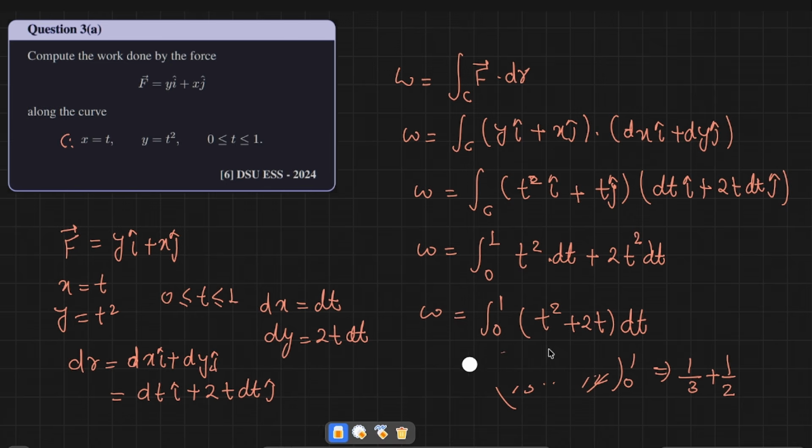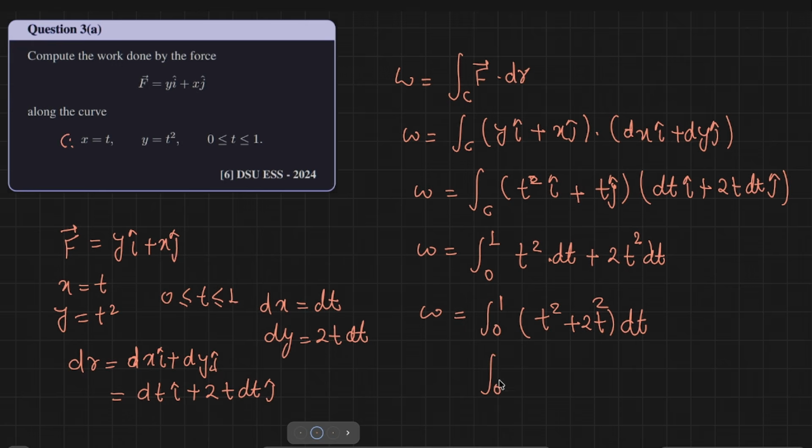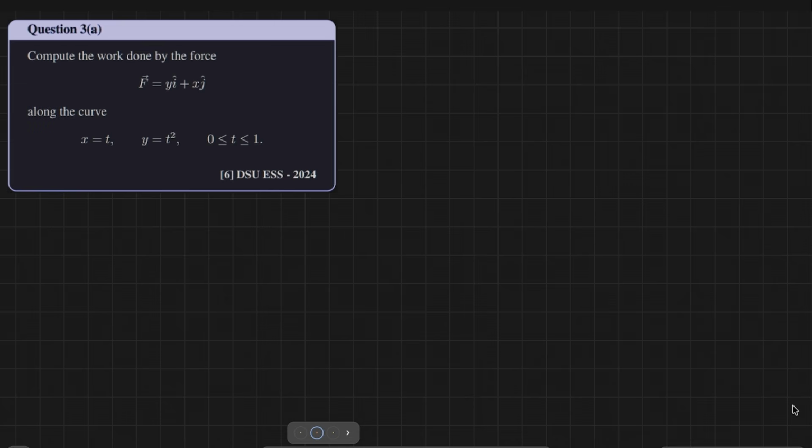Got it. So it is 2t square, then 3t, then it is 0 to 1 3t square dt. It is 3t cube by 3 is going to be from 0 to 1 is the work done is 1 for this question. This is how you can easily find out the work done, but you have to convert the integral into one variable.